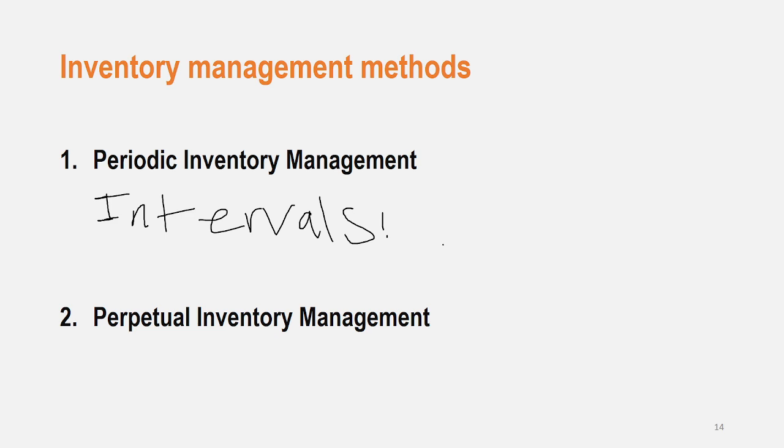The benefit of perpetual inventory systems is that they offer real-time visibility into inventory levels, helping businesses make timely decisions and prevent stockouts or overstocking. So in the perpetual inventory system, the updating takes place continuously.